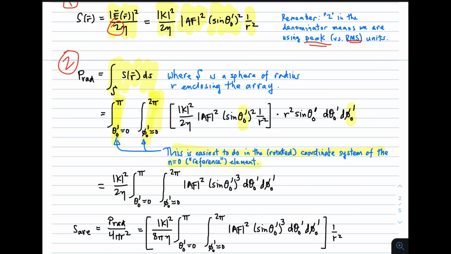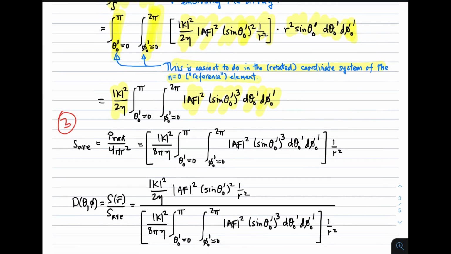It's only important that that sphere enclose the array, so here it's just easiest to use the primed coordinates. Here's the expression for the power density, and then here is ds. So working that a little bit, we end up with magnitude k squared divided by 2 eta out front as a constant. And then inside the integral, we have magnitude of array factor squared, sine theta prime naught cubed, d theta naught prime, d phi naught prime.